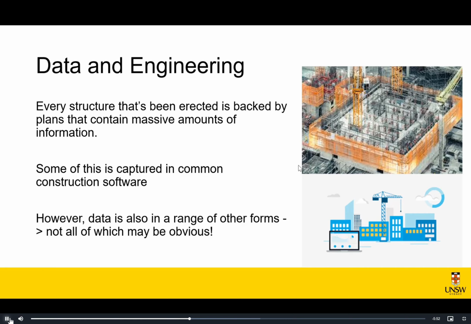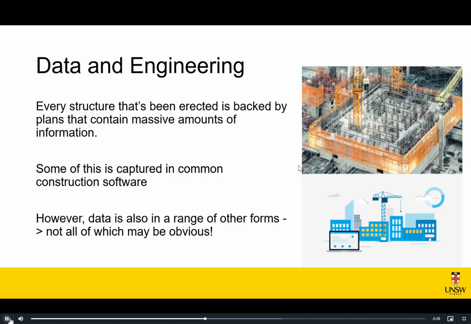However, data can be found in a whole range of different forms, not all of which may be initially obvious. So you could also have unstructured data. This could be things like just analog sensor data. It could be things like emails, Word documents, printed plans, so things that are no longer online and can be kept track of.